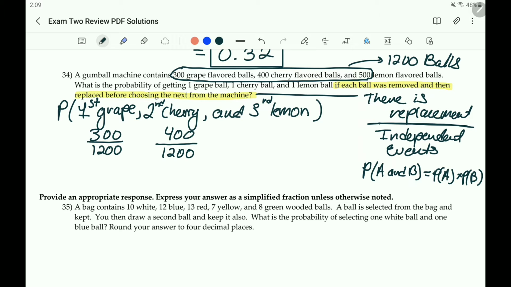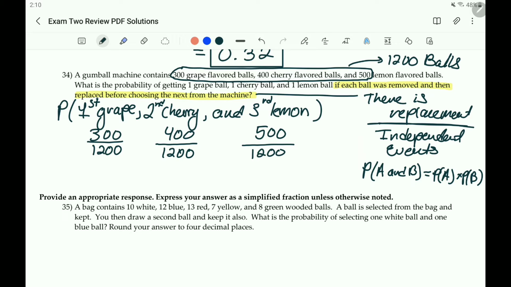You get a cherry. Before you go again, that is immediately replaced. So we still have 1200 to pick from for the third option. And there are 500 lemons. So the probability of the third one being lemon is 500 over 1200.